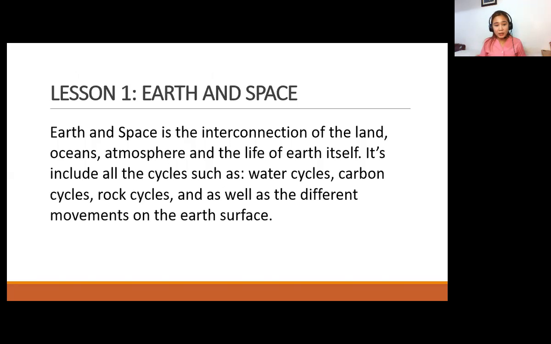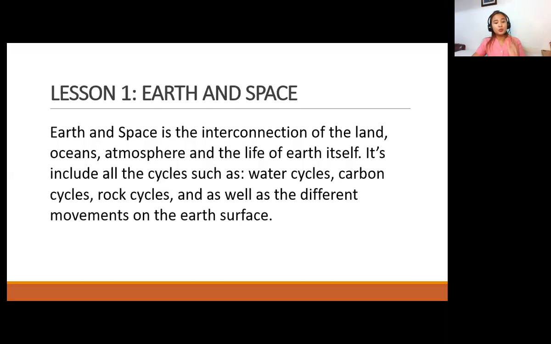Connected si ocean kay atmosphere, connected ang buhay sa bawat isa, connected ang water cycle, ang carbon cycle, rock cycle, and so on. Okay? So everything that we can see around us or in the environment is connected with one another. Of course, later on, we'll try to figure out kung paano naging connected sa isa't isa.